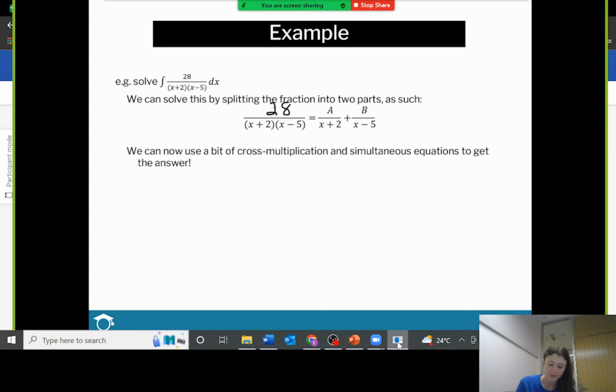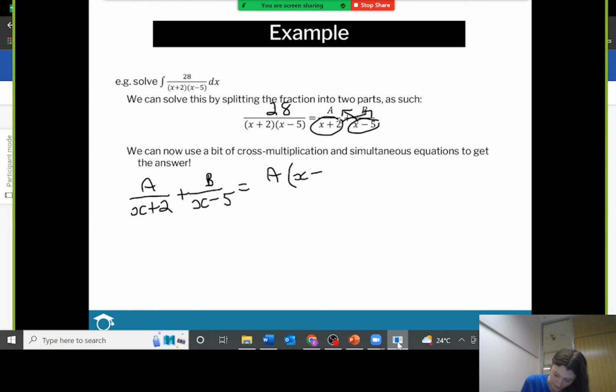So obviously it follows that we can then take this and this, we've done this before, which gets us to a(x plus 2) plus b(x take 5) is equal to a(x take 5) plus b(x plus 2), all over (x plus 2)(x take 5).